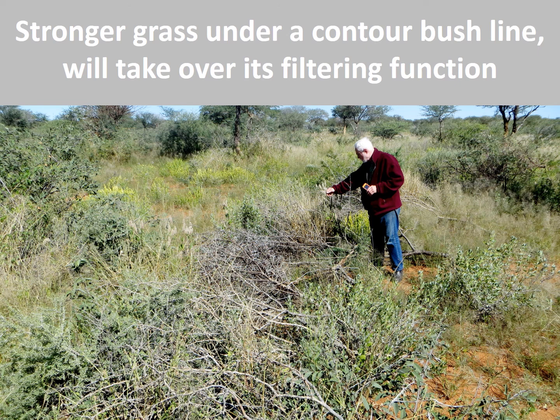So this is erosion control to foster a growth of grass in a line across the contour so that you arrest erosion. The whole idea is not to stop water. The idea is to slow down the water so that it soaks in.